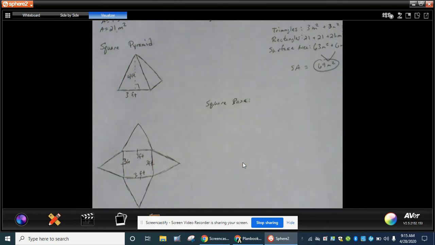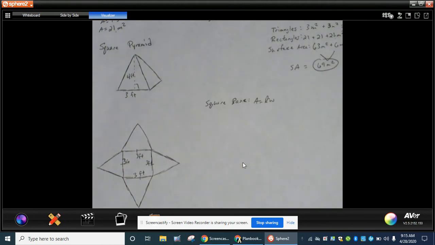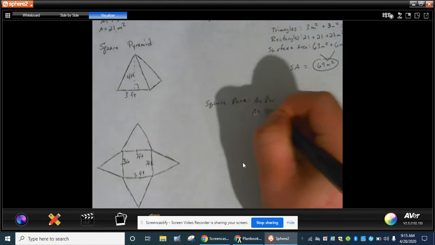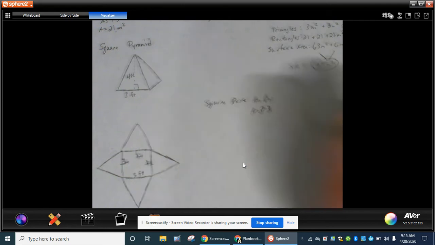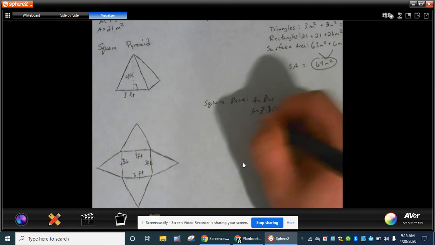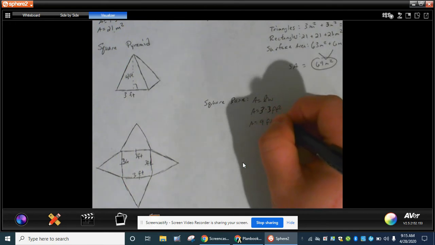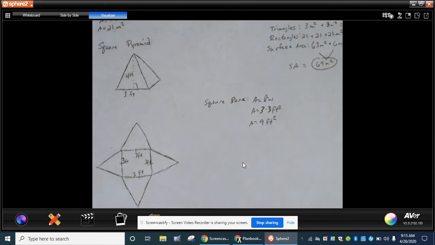Area is length times width, so in this case take 2 side dimensions, 3 times 3, and that will be square feet. 3 times 3, we all know, is 9 square feet. So we got one side taken care of.